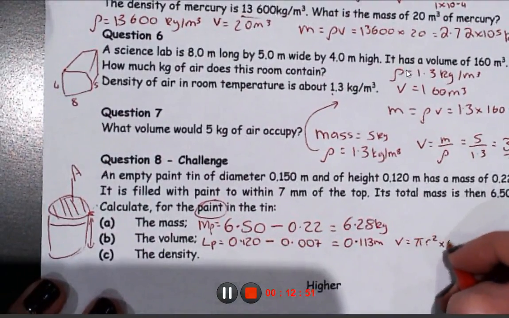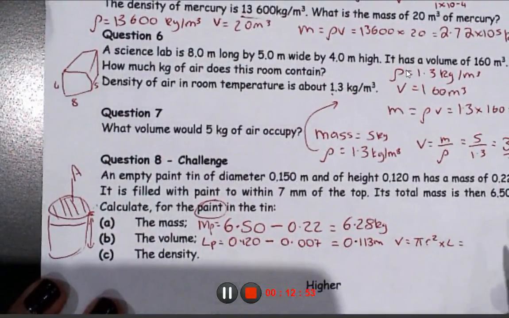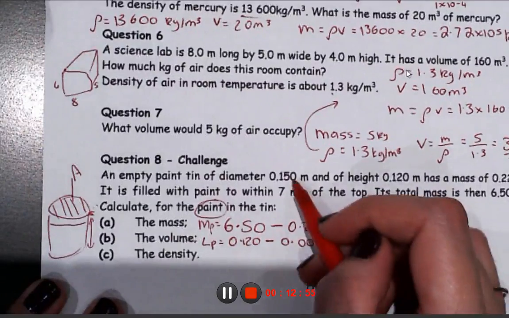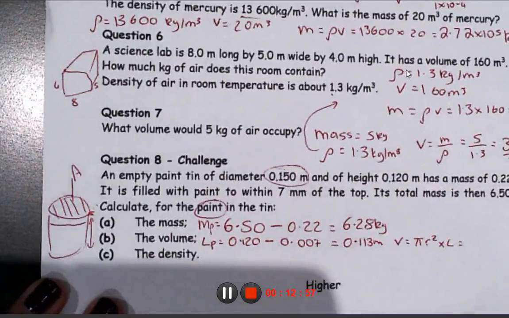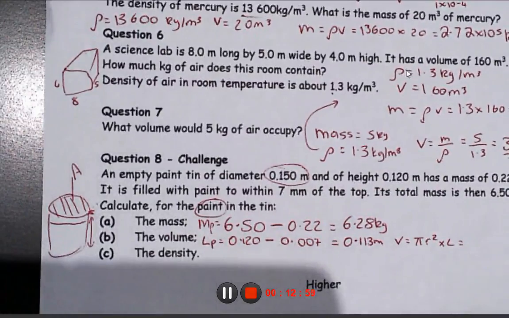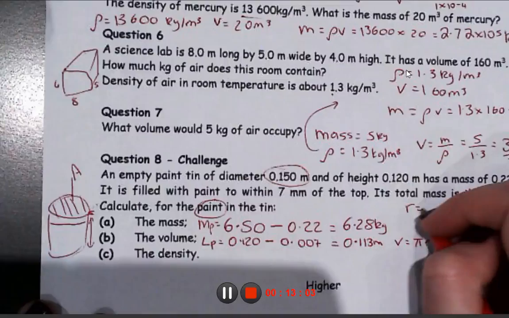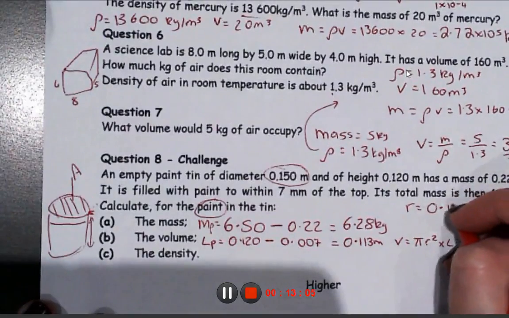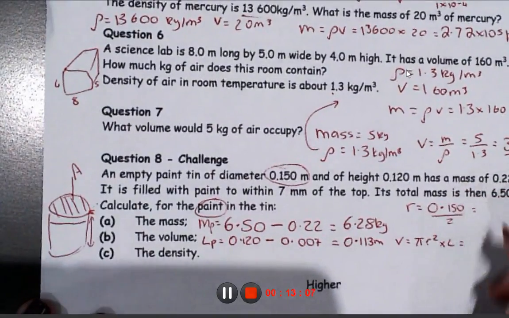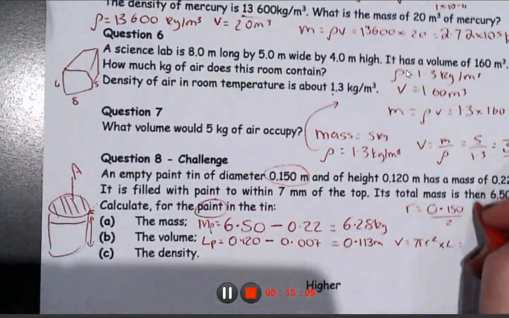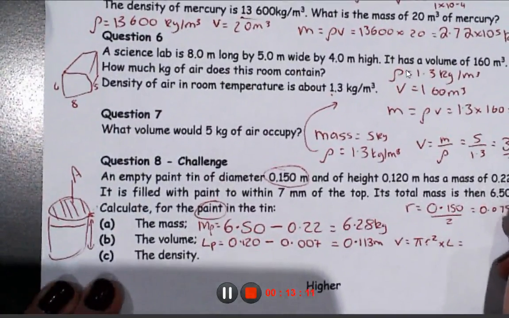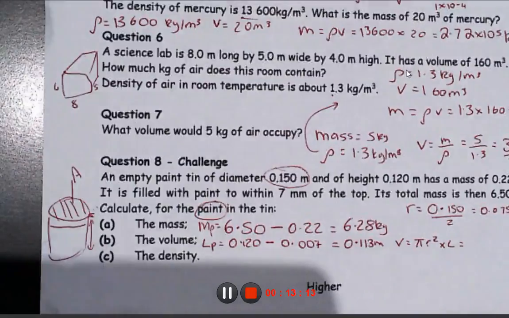Then to do the volume, you do the area of the top, so that's pi r squared times that length. The diameter here is 0.150, so I need half of that for the radius: 0.150 over 2, which is 0.075 metres.